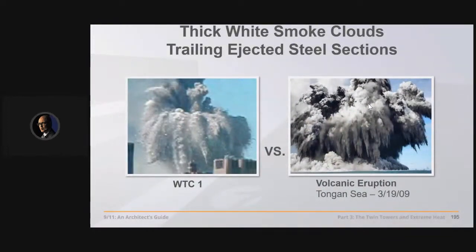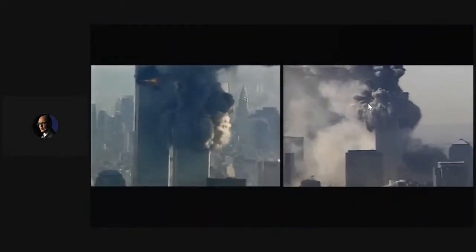Trailing all these freely flying structural steel sections, not too different from the volcanic eruption in the Tongan Sea, where molten rocks are distributed. It's a geometry of fireworks. Take a look.